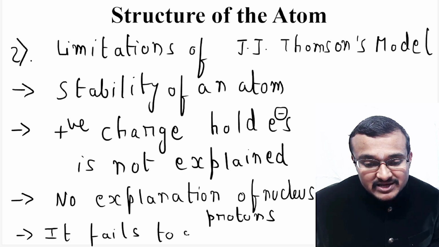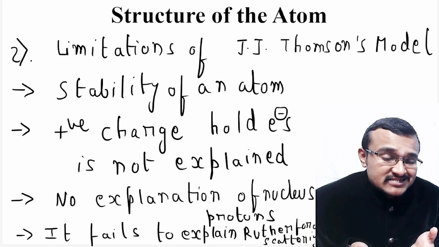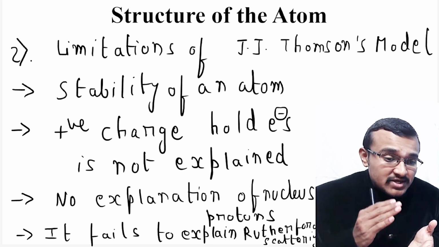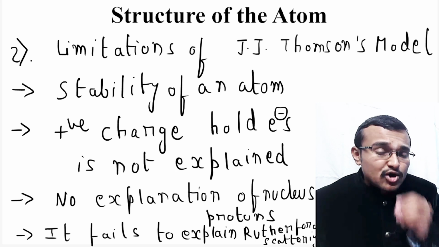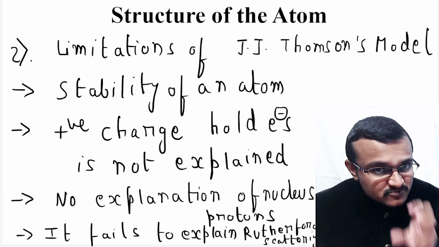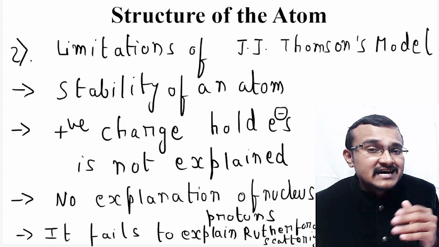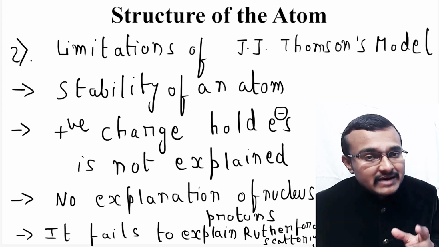We all know that in Rutherford's scattering experiment, alpha particles were passed through gold foil. According to J.J. Thomson's model, the atom is a positive sphere in which electrons are embedded, where the charge of the electrons and the charge of the positive sphere of the atom are balanced.